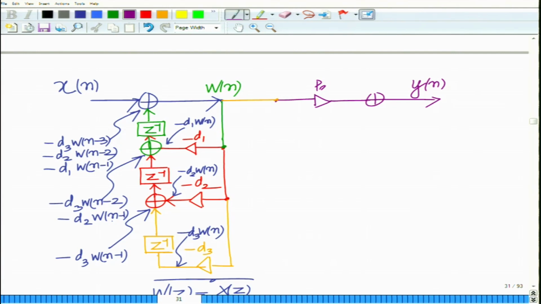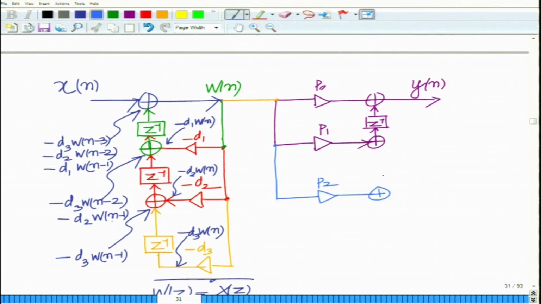Now, this I also have to send through gain p1, and this will be delay z inverse, and that again you have another adder here, and that will give you p1 w(n). Now I will send that through another gain, that is p2, and there is another delay over here.